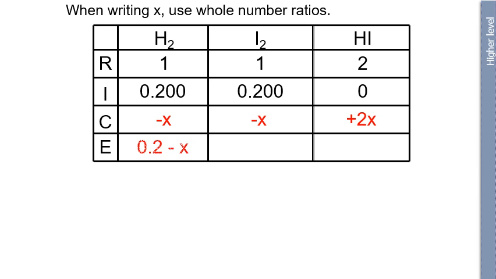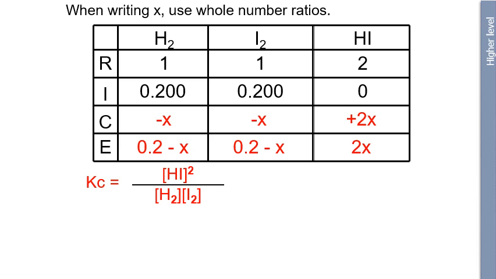So far, so good. Okay, so we know the initial concentration is 0.2. So at equilibrium, it's going to be 0.2 minus the change, or x. It's going to be the same for iodine, and therefore for hydrogen iodide, it'll be 2x. Okay, so now we have our variables, our values to put into the equation, and we just have to solve for x.